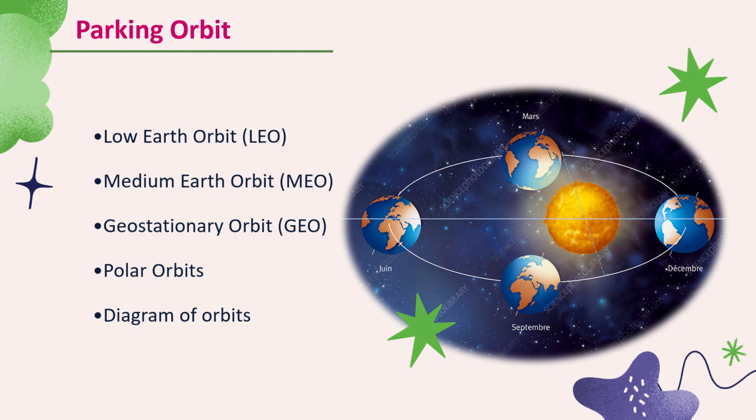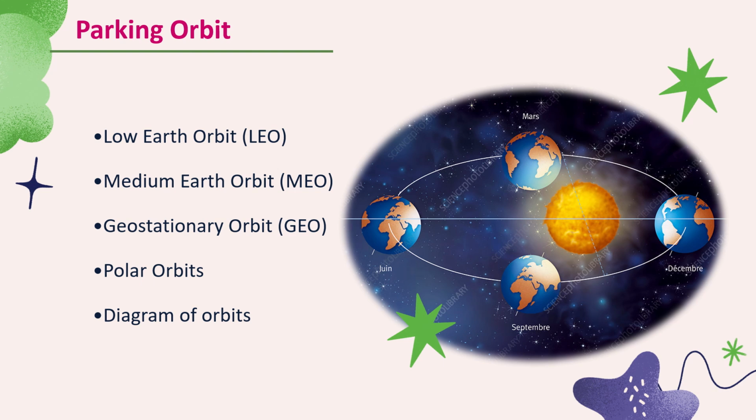The rockets move fast enough to balance gravity. The gravity pulling them down keeps them circling the Earth without falling. So then what is an orbit? The orbits of satellites are mainly five: low Earth, medium Earth, geostationary, polar, and diagram orbits.